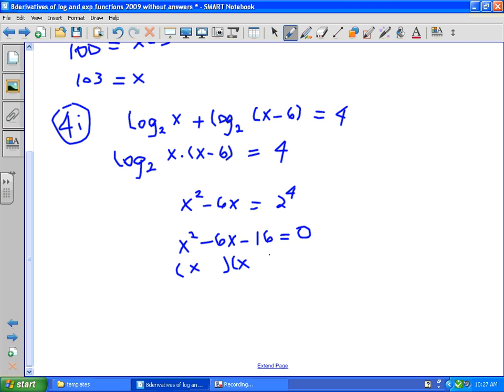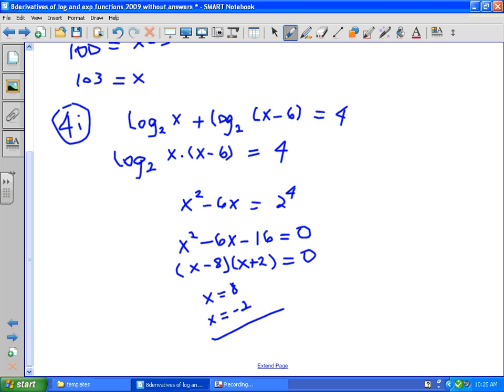Let's try it. Let's see, 16 is 2 times 8. Make the 8 negative and 2 positive, right? So the product is negative 16 and the middle term is negative 8x plus 2x, which is negative 6x. So it looks like we're getting two answers. X is equal to 8 and x is equal to negative 2.